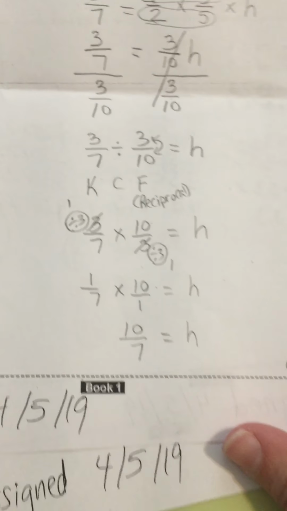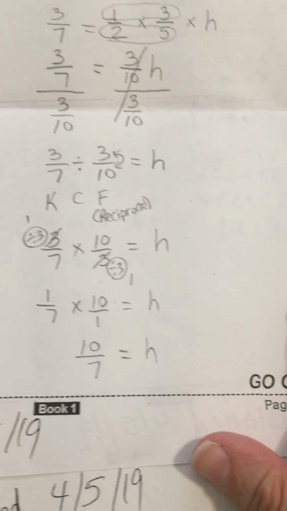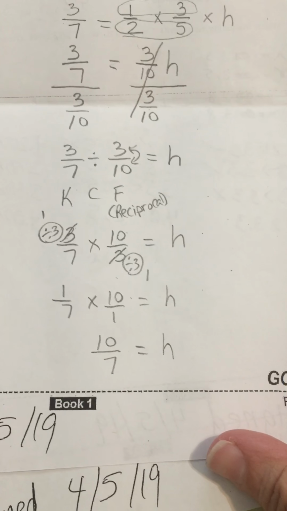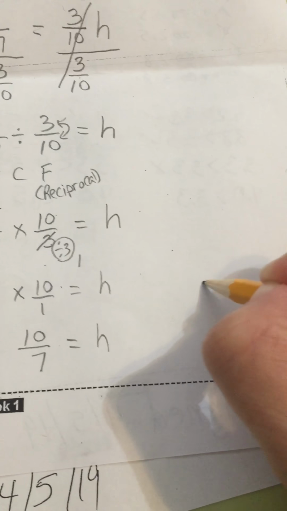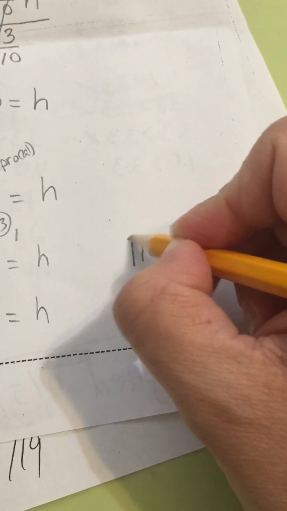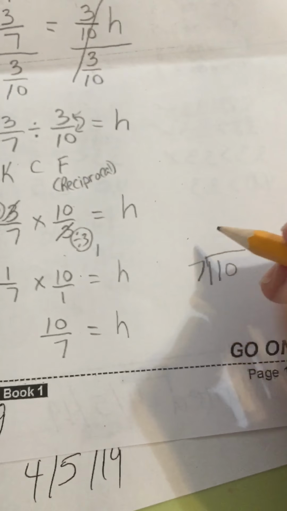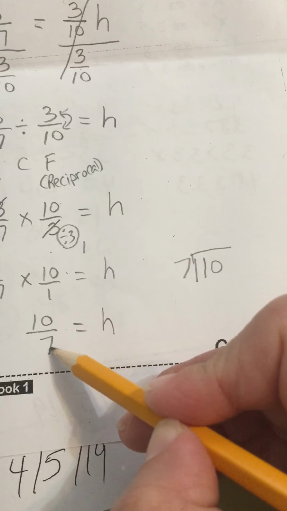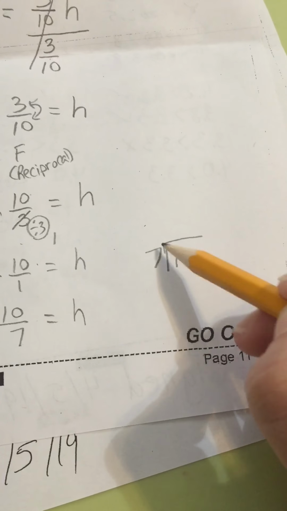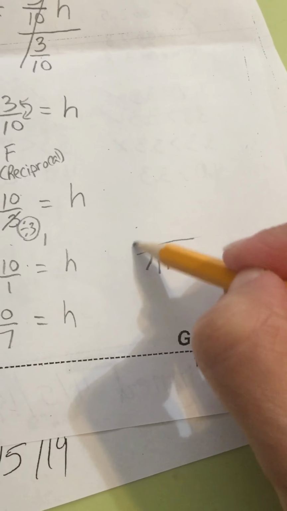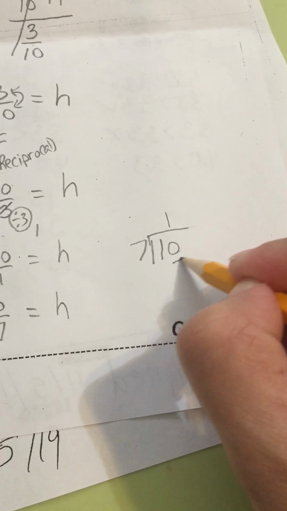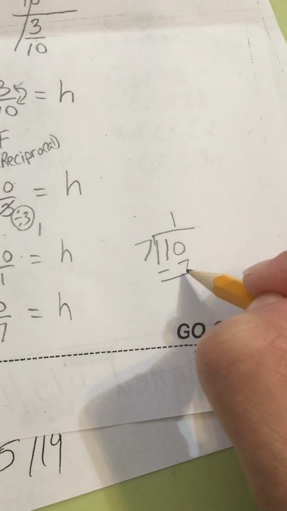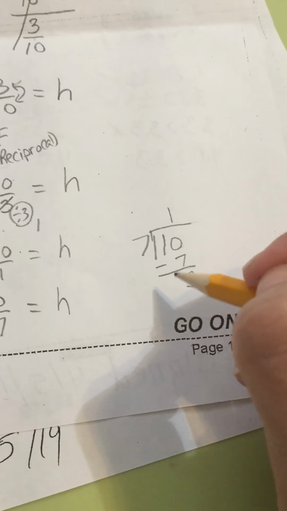Our final answer has to be either a proper fraction or a mixed number. So we're going to do 10 divided by 7, because that's what that means. 7 goes into 10 one whole time. 1 times 7 is 7. 10 take away 7 is 3, which is your remainder.